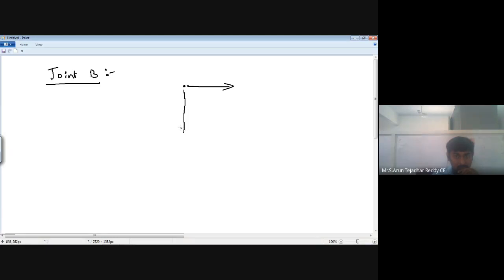Next downward, B to A or else A to B, both are equal. Next, one inclined member is also acting, that is FBD. Here FBC or else FCB, whatever it may be, is equal to 0. And one load is also acting here at joint B. So this is our joint B and the members BC, BD, BA.